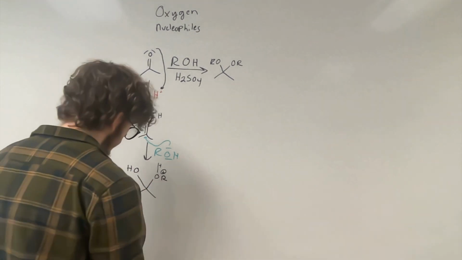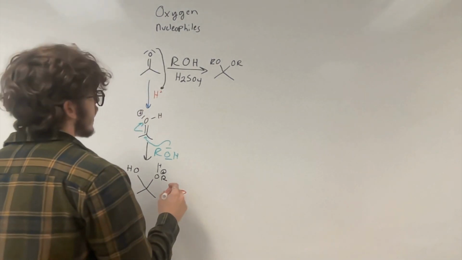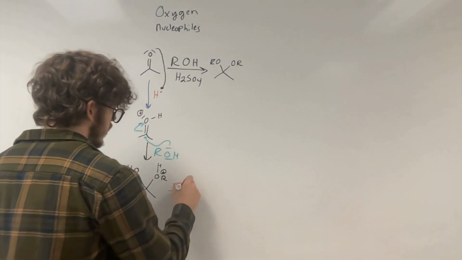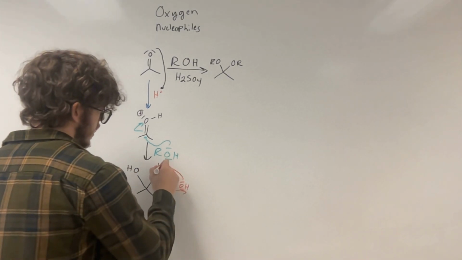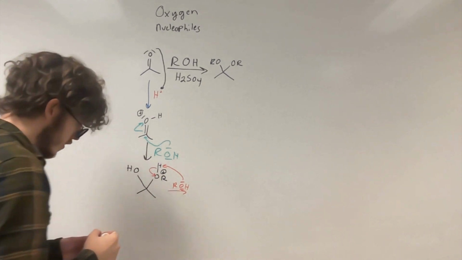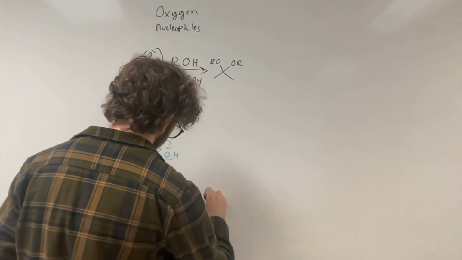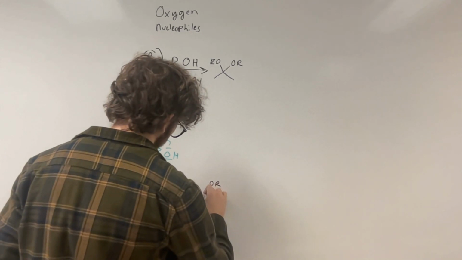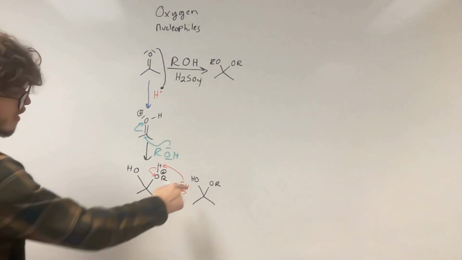So notice we have a happy OH and we have an unhappy alcohol on there. So what can we do? Well, to make things happy, we can deprotonate. And in this case, we can use another equivalent of our alcohol. It's going to pick up the H, dump electrons, and what we'll notice is we have that hemiacetal. So I want to make a good point in saying hemiacetal here.